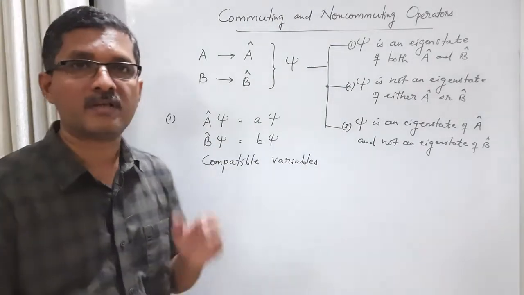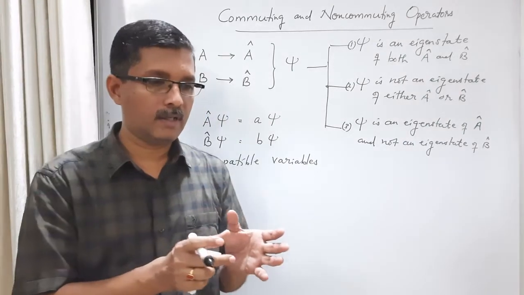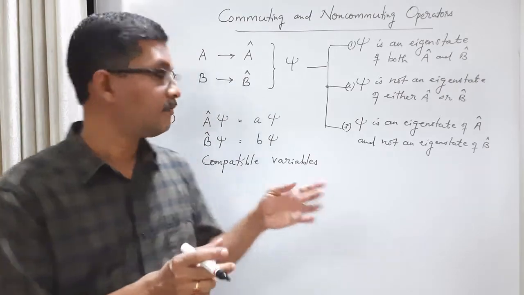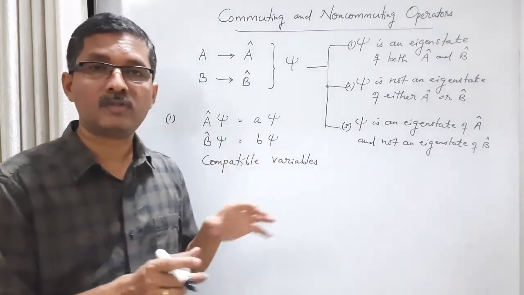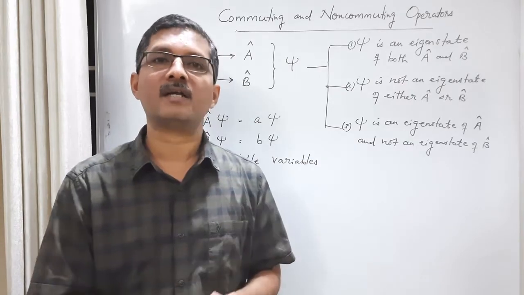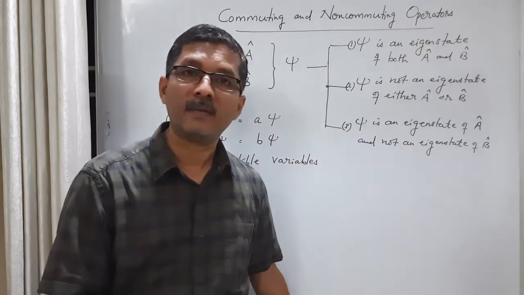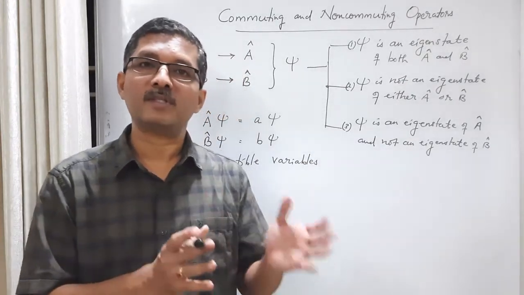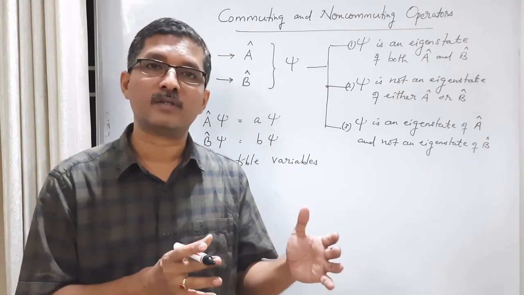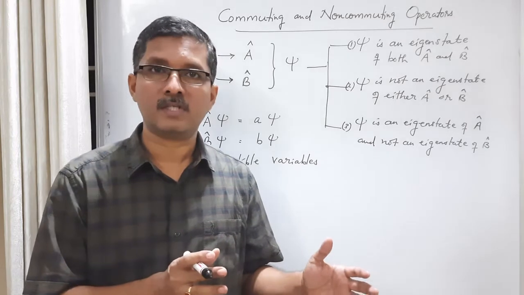Let us think about the situation. First we measure A. Then we get the eigenvalue small a. What about the state immediately after the measurement? Remember that the state psi is an eigenstate of the operator A. So if we make a measurement in the eigenstate of the operator, the state will not change.